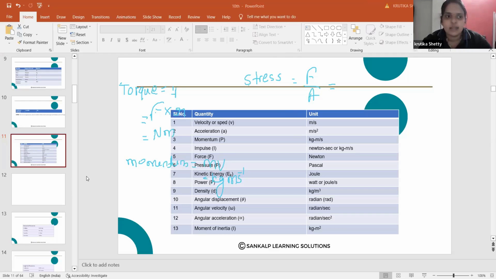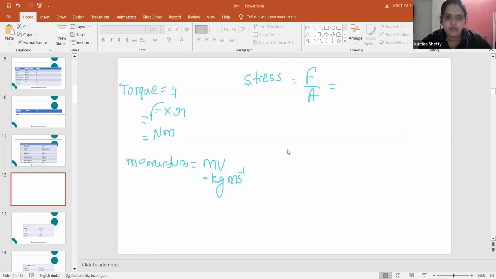One more last example I'll consider, then after that we will stop. I have a quantity G is equal to, I'll tell you the formula. I think you have studied this in the 9th standard. I have the quantity capital G is equal to, the formula I'll write, you just tell me the unit. It is F R square upon M1 into M2. I'll explain the terms if you don't know.